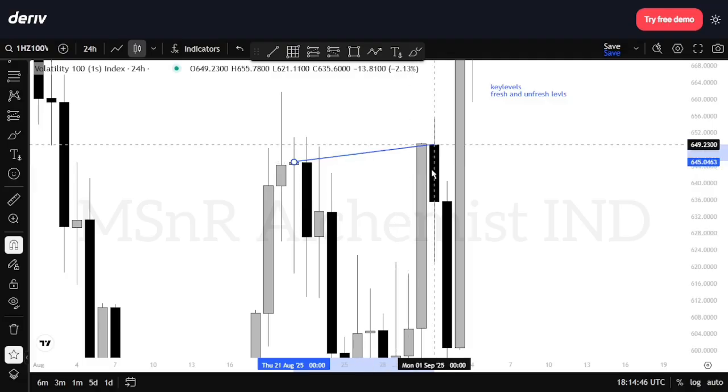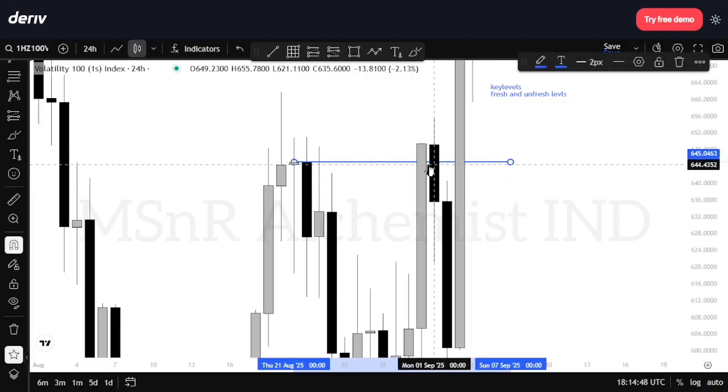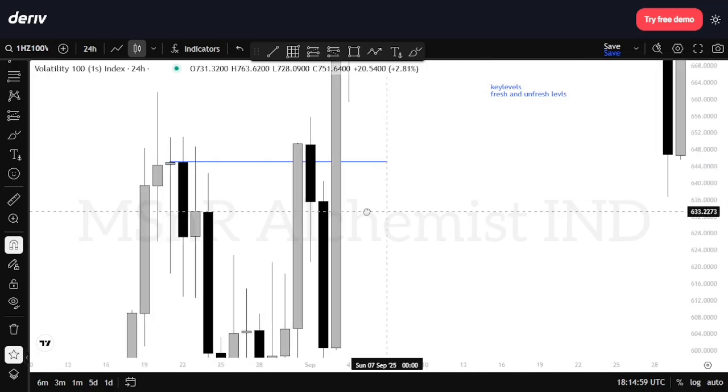So a candle breaks it upside, but it didn't get hold and it breaks again. So does the resistance become fresh again? Yes.